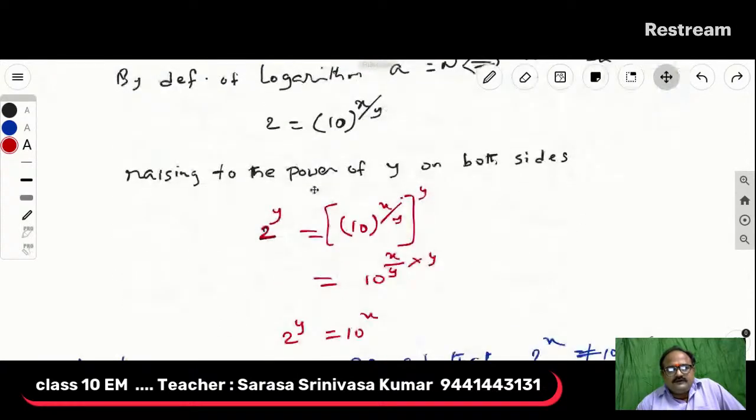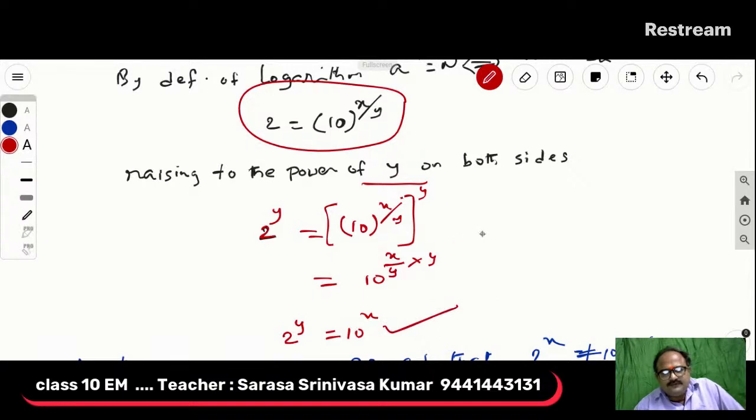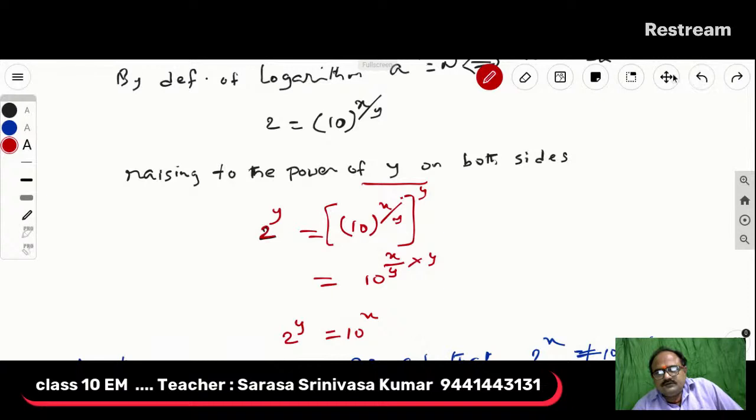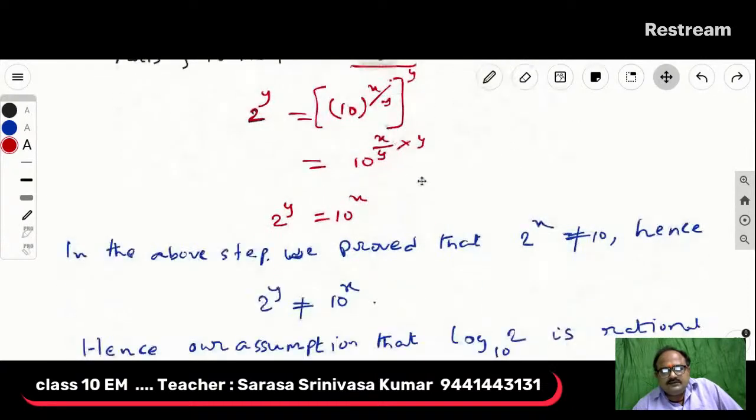So now, raising to the power of y on both sides, this step can be written as 2 to the power of y equal to 10 to the power of x. But 2 to the power of any n cannot be equal to 10 to the power of m for any value. Why?